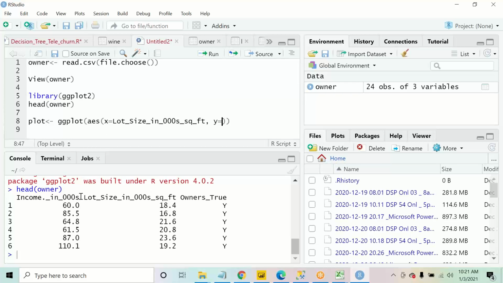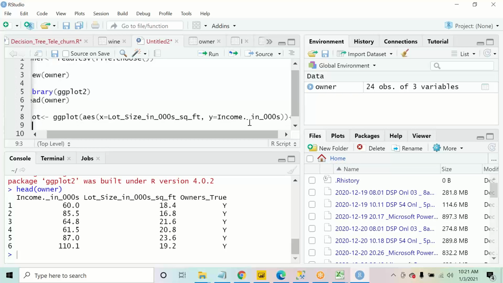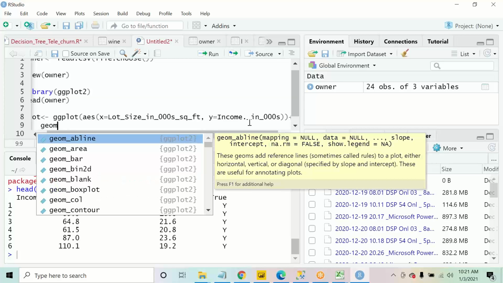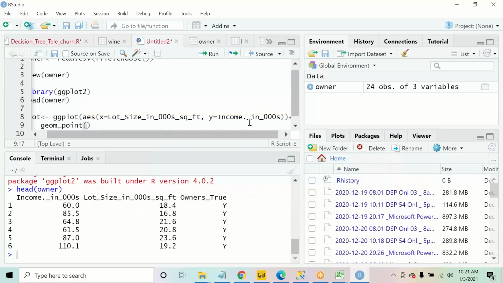And y equal to income, plus which chart will I create? Geom point, right? So I can visualize this chart.